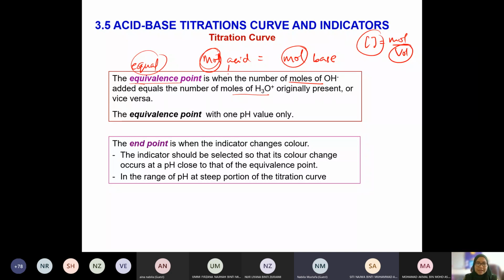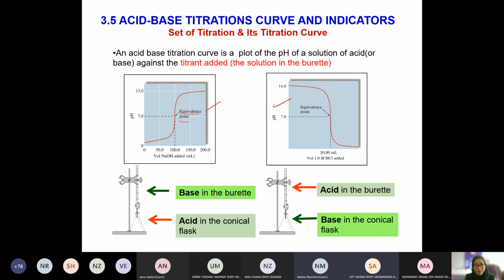So we know that acid can be represented as H3O plus and base can be represented using OH minus. Okay, so pada point ini adalah di mana mole acid sama dengan mole base. Tidak ada sedikit terlebih atau terkurang. Dia mesti exactly the same as what we have on the titration curve here.